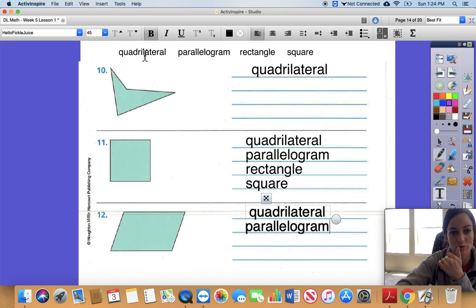Parallelogram is a type of quadrilateral, just like dogs are a type of animal, right? It's a kind of animal, okay? Then there's rectangles, which is a type of parallelogram, just like corgi, or let's say black labs, or labradoodles, or whatever, Labradors are types of dogs, okay? I might be losing you already, okay?